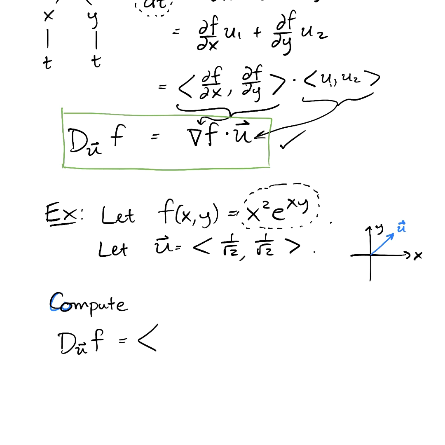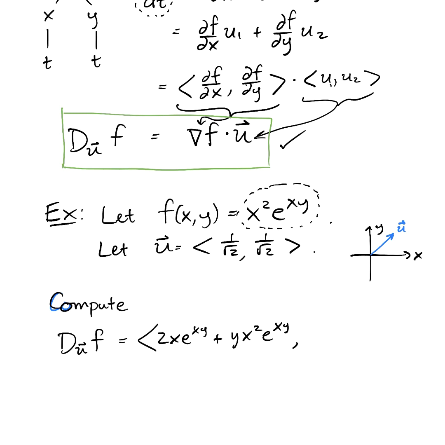Let's take the partial derivative of that with respect to x. This is a product rule thing, so it's derivative of the first times the second plus first times derivative of the second. So y x squared e to the xy. That first entry is just df dx.